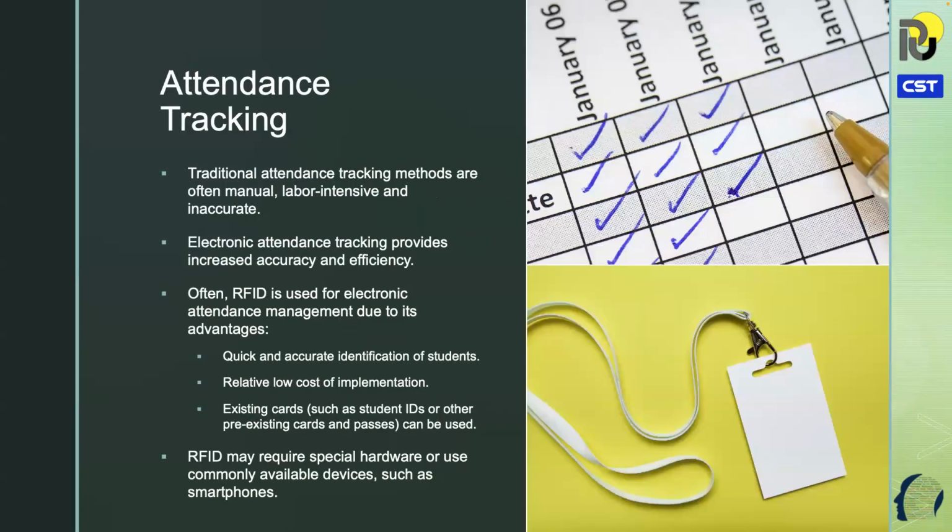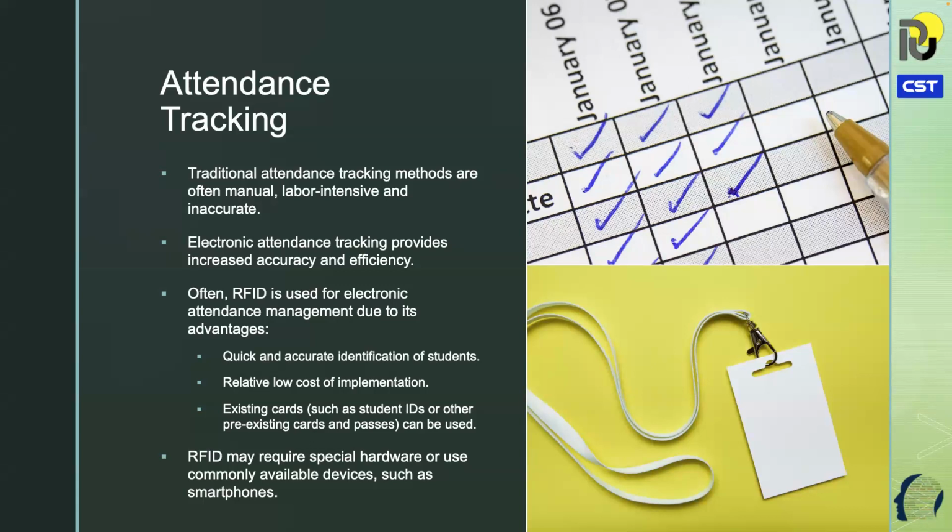Attendance tracking, of course, is not something new. There are traditional attendance tracking methods, such as you see here, the paper lists, for example. Those are an example of the traditional attendance tracking methods, but they are often manual, they are labor intensive, and they can be pretty inaccurate.